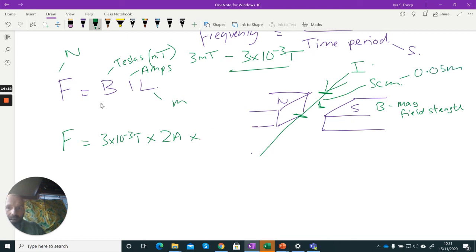So this is a little bit harder, these sort of questions, and so we would do this on a calculator. 3 times 10 to the minus 3 times by 2 times by 0.05 is equal to, now it gives a standard form answer which you can write down, 3 times 10 to the minus 4, and remember that's in newtons.